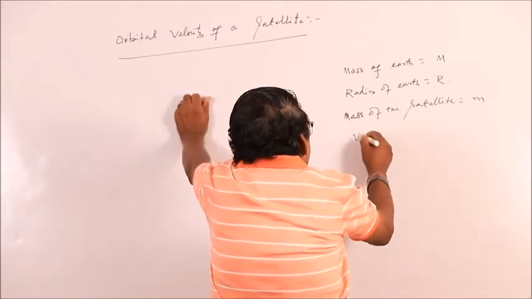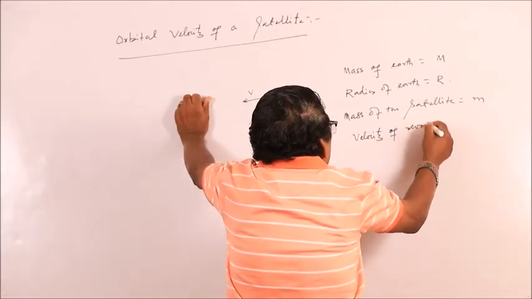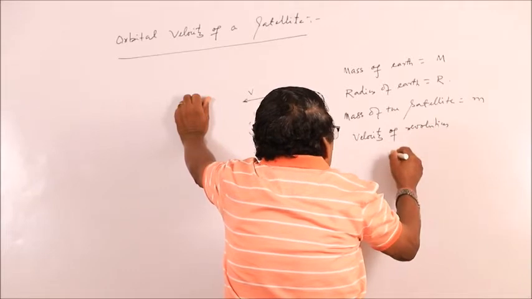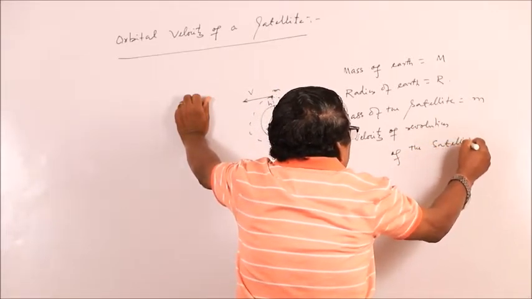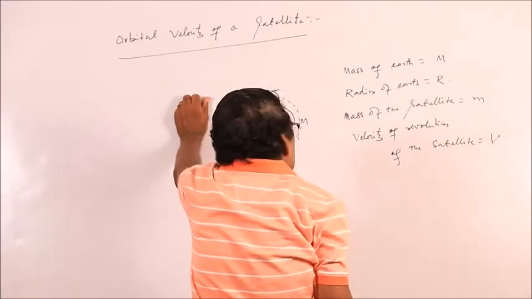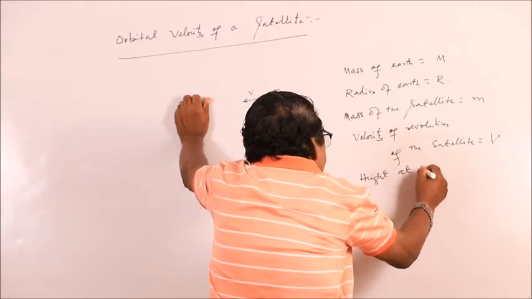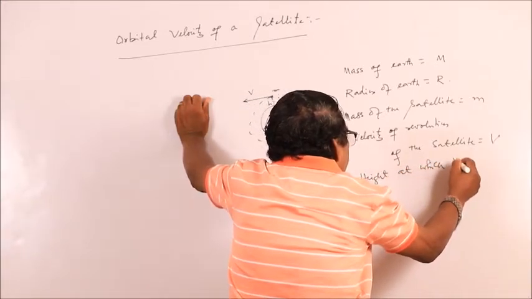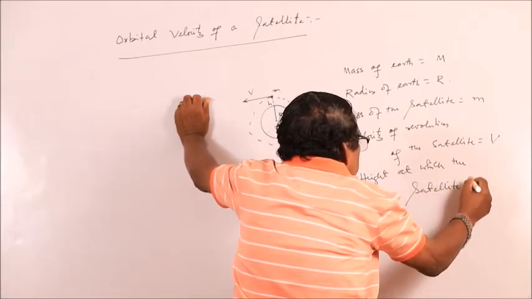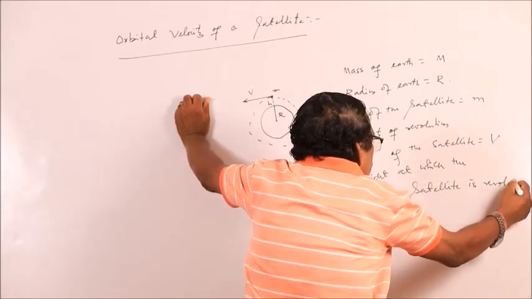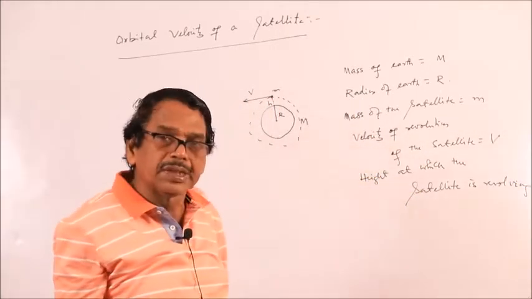Velocity of revolution of the satellite is v. Height at which the satellite is revolving is equal to h.